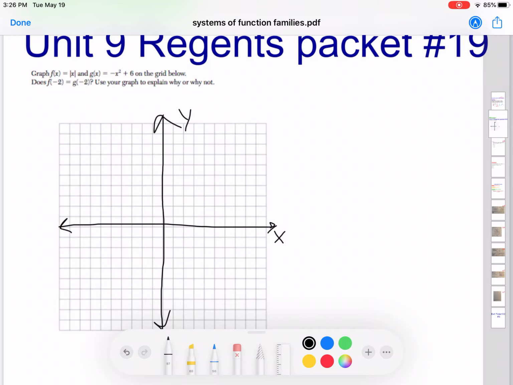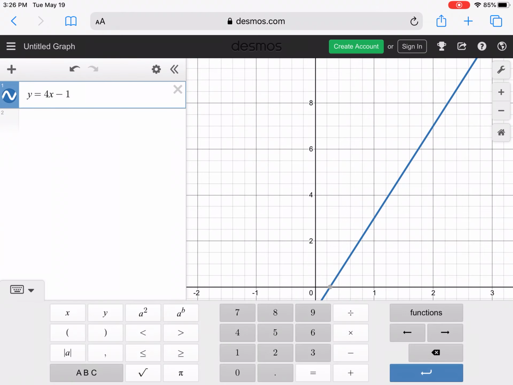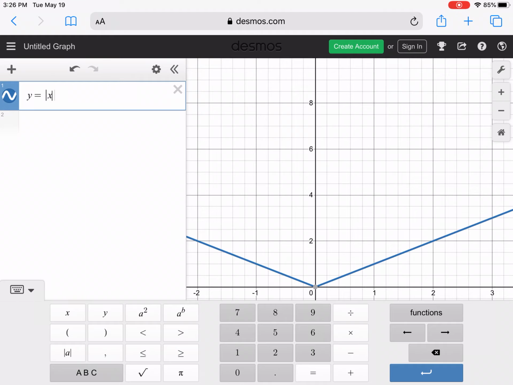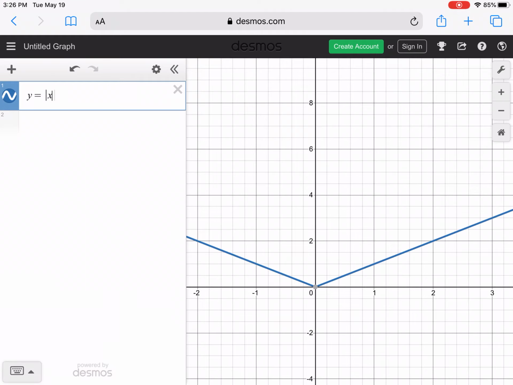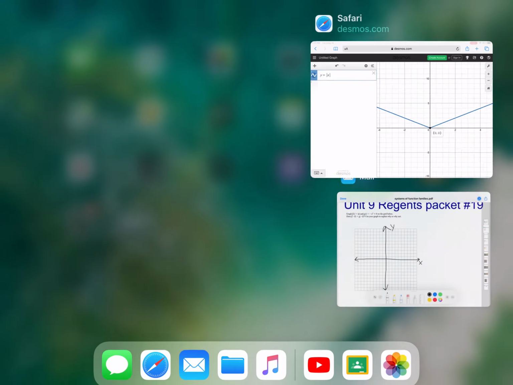Okay, so starting with f of x equals the absolute value of x. Again, you should know what this graph looks like because we learned how to graph absolute value functions. But if you forgot, we'll come back into our graphing calculator. We hit our absolute value bars, and we're going to graph the absolute value of x. So remember, the absolute value of x is a V-shaped graph that goes through 0, 0.